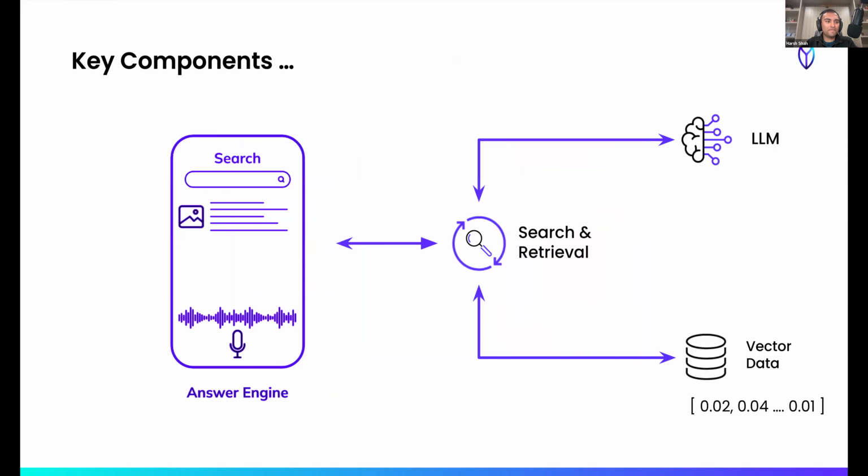Because of that, requirements from the application side have changed as well, right? If users are so used to using answer engines or LLMs for everything, and you're building applications, they probably want something similar. And this is where you're building your RAG type architecture, search and retrieval, right?